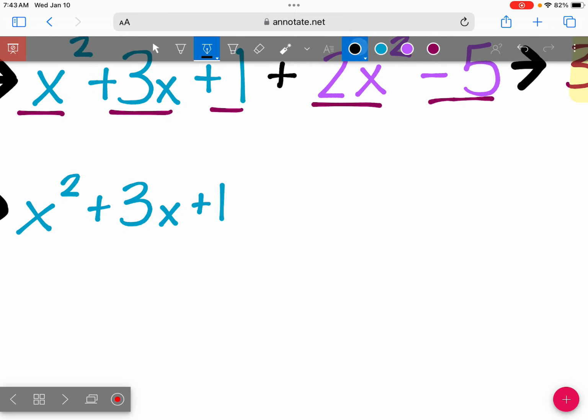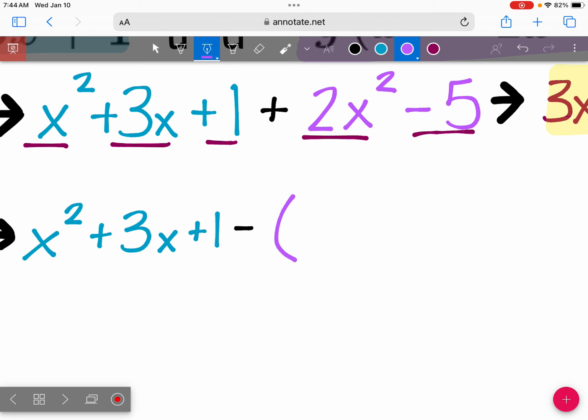And this time I'm going to put my g of x in parentheses because we're subtracting all of g of x, 2x squared minus 5. The fact that I am subtracting all of g of x is important. So you got to make sure we subtract the whole thing.